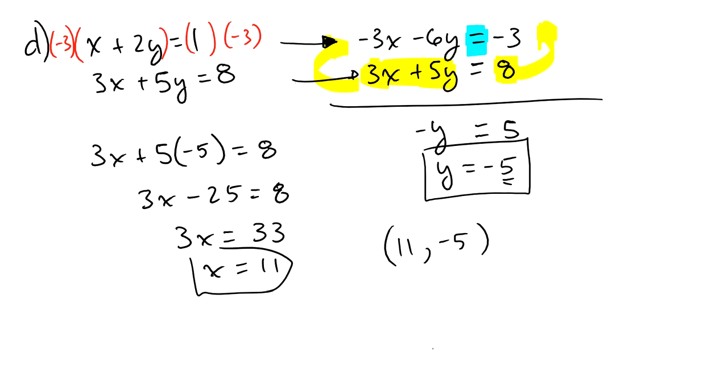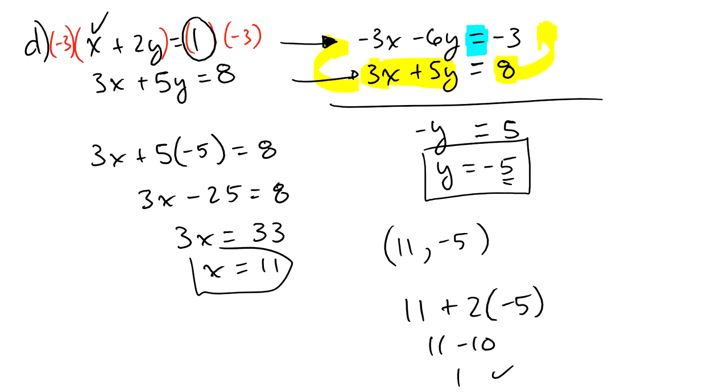So x is 11, so I've got 11, there's the x, and then plus 2 times negative 5, well that's negative 10, so I get 11 minus 10, which is indeed 1, because that's what the equation said it should be. So it definitely checks in the first equation.